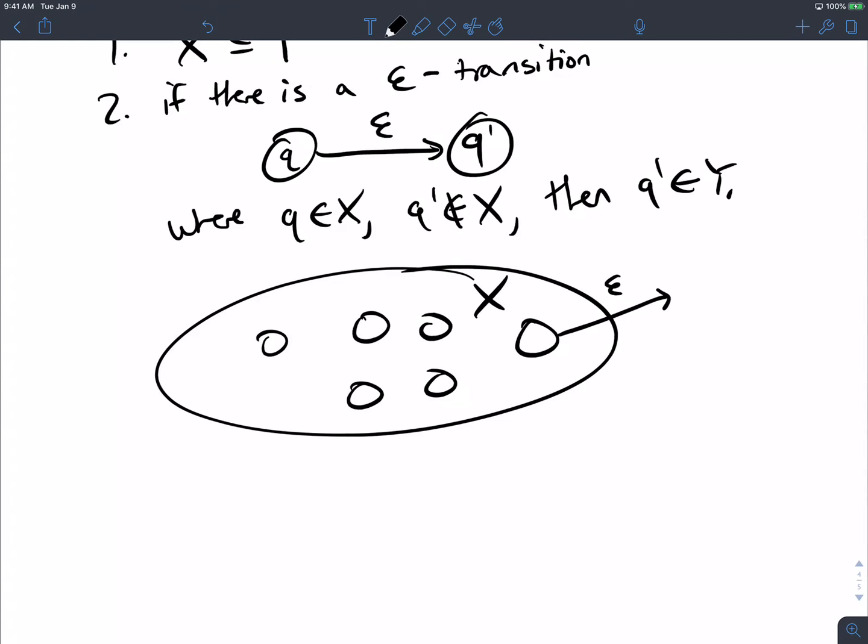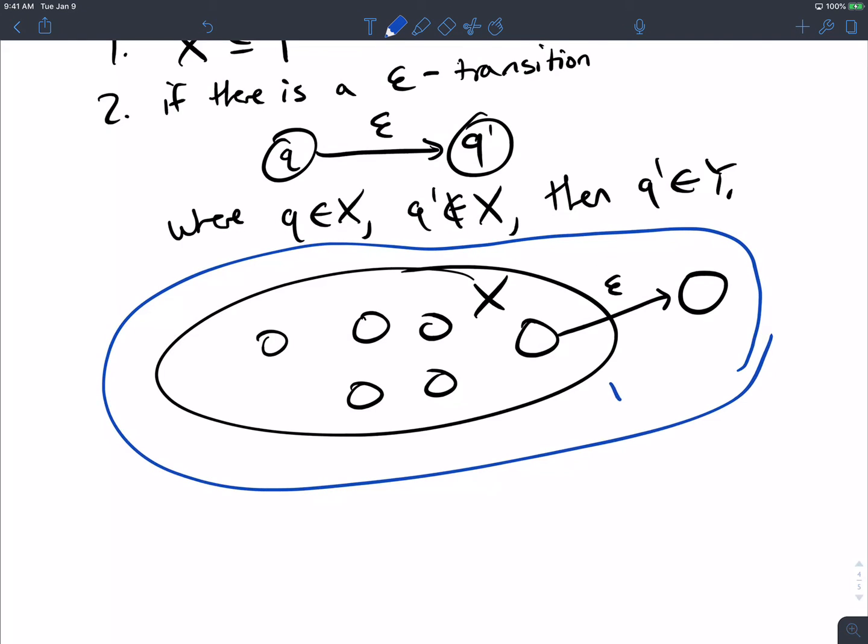This set is X, and this epsilon transition goes to a state outside of the set. The epsilon closure says we're going to include that state in the set Y. So we're building up where we can reach from X via only epsilon transitions.